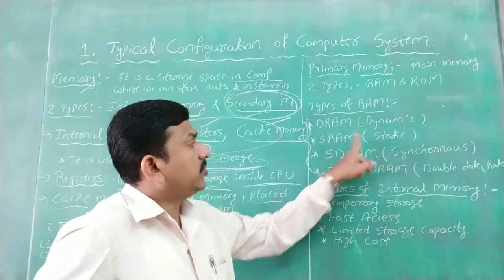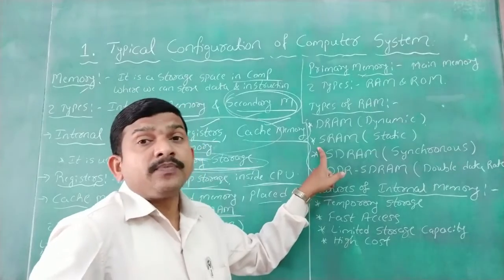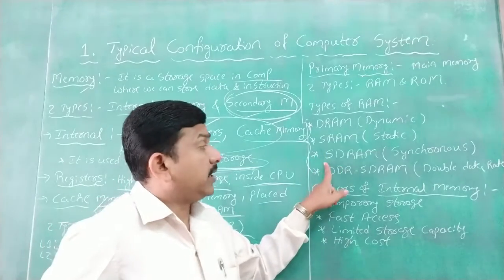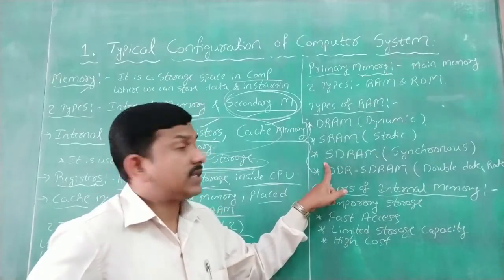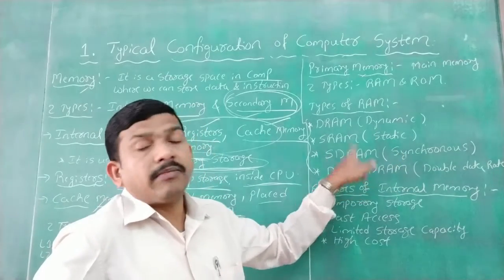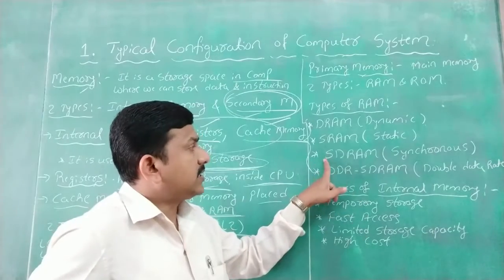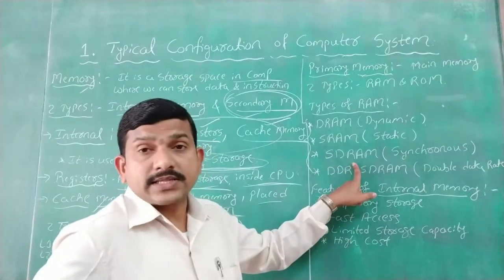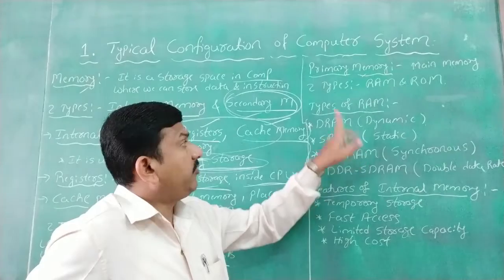Then the third one is SDRAM, synchronous dynamic random access memory. This is another kind of RAM.